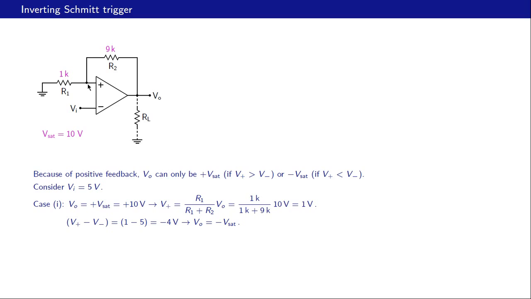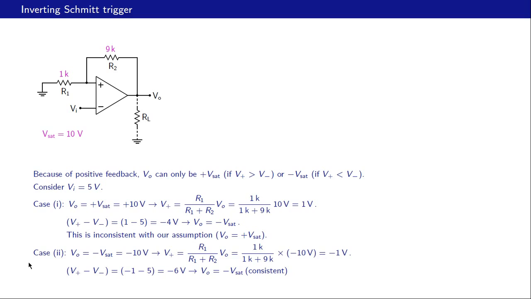And the situation now is V plus is 1 volt, V minus is 5 volts. So V plus is smaller than Vi, or V minus, and therefore Vo should actually be minus Vsat. So clearly there is an inconsistent situation here, and therefore this cannot happen.